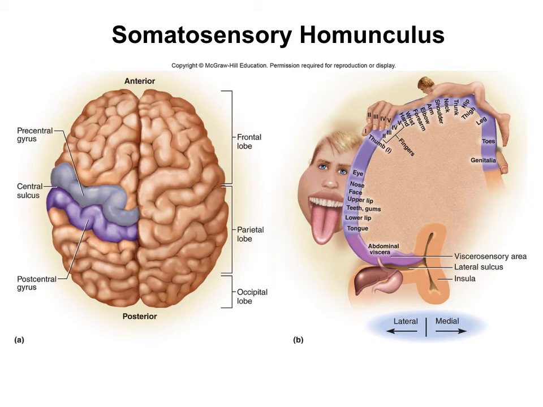Now, the reason for this disproportionate appearance on the little man map is that larger areas on the fold have more sensory receptors. So there are certain areas of your skin that are just more sensitive to stimuli.